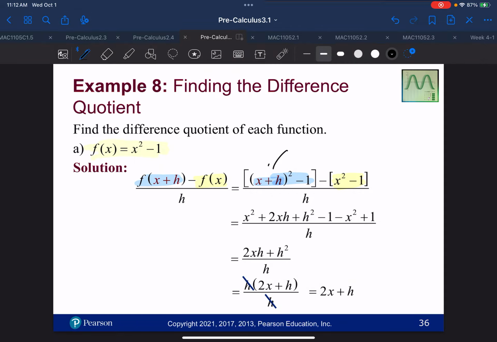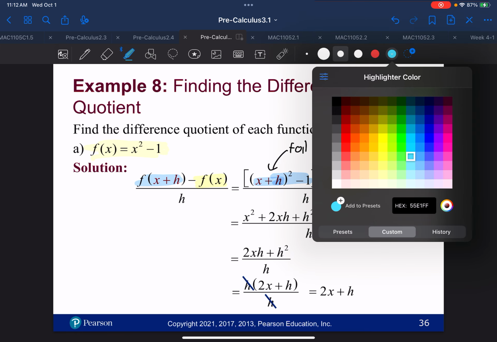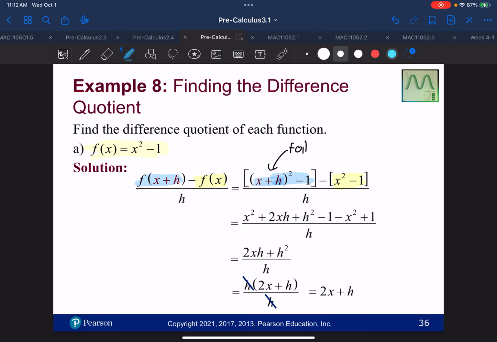So then, of course, we would have to FOIL this, which will give us x squared plus 2xh plus h squared, and then minus 1. And then we distribute this negative here to get negative x squared plus 1.